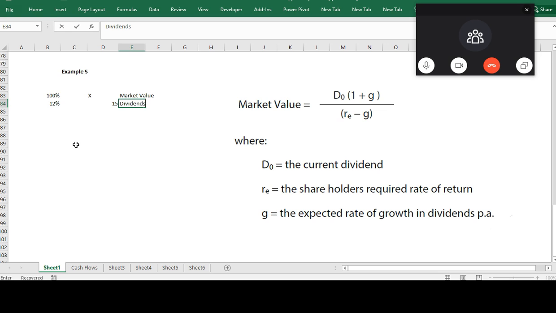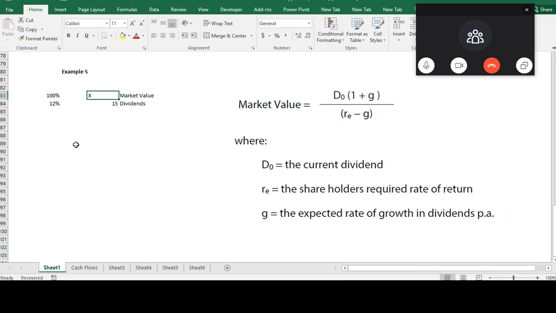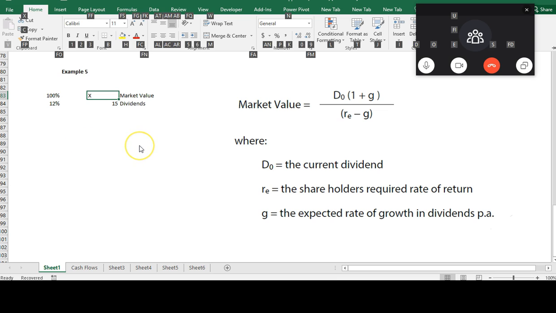Because your dividends, this is basically your interest, your future. This is basically the fruits of your investment.